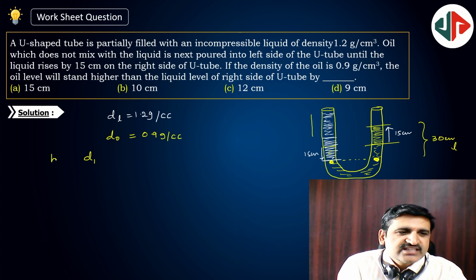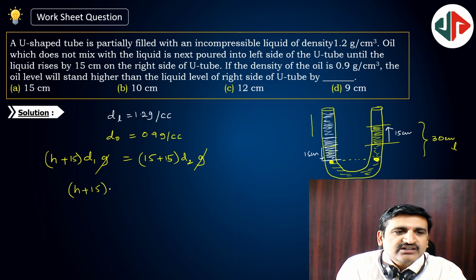So H D1 g is equal to 15 plus 15 into D2 g. g gets cancelled and H plus 15 into D1. D1 here I am writing this side is oil and this side as liquid. So oil is 0.9 and that is equal to 30 into 1.2.